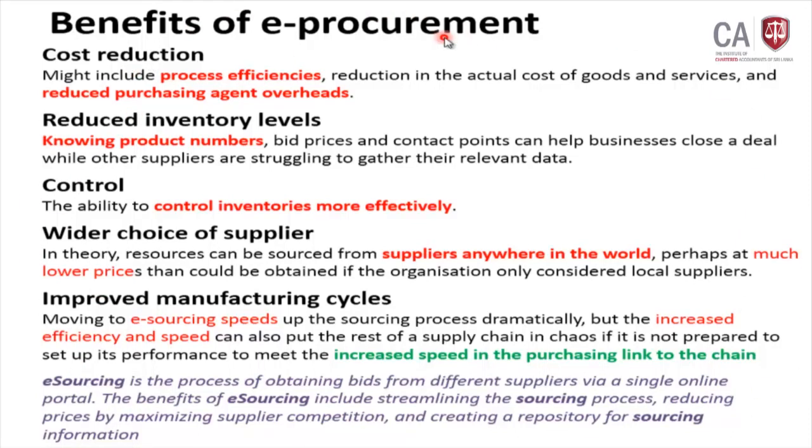You have to produce the goods from here, then it goes on. That cycle can be sped up with e-procurement, because the activities involved can be sped up. Then it takes very little time to procure, and the manufacturing cycle also speeds up.